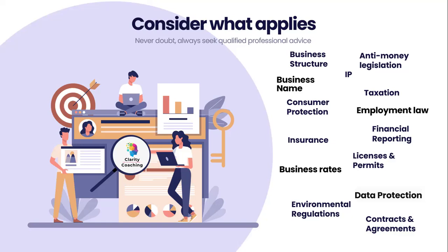By ensuring that you are complying with legal and regulatory requirements, you'll be able to operate more smoothly and avoid potential legal issues. But as I've said before, it's always advisable to consult with a legal professional or business advisor that's specific to your industry and your business to ensure that all the specific requirements for your business are met.